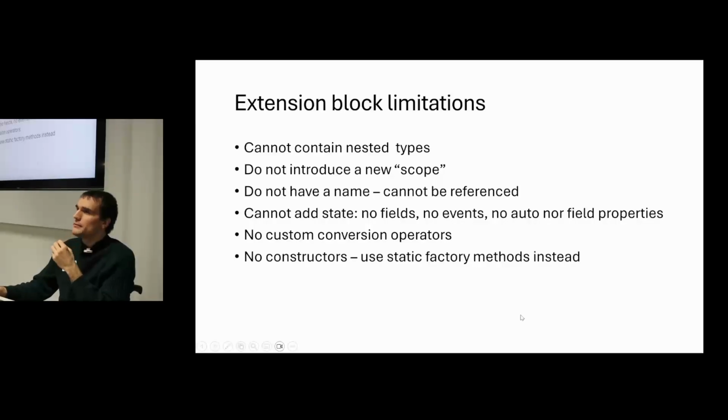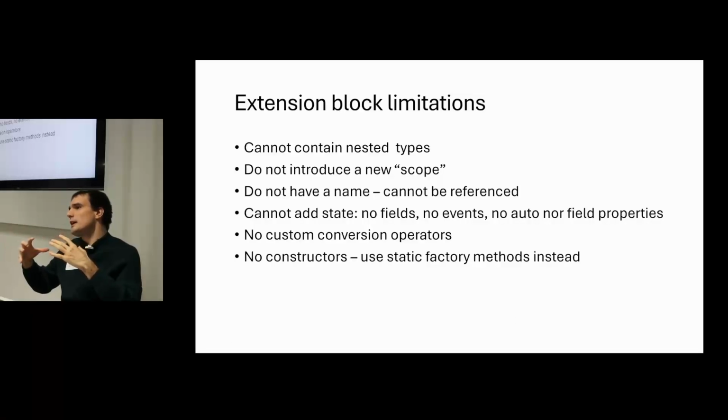That's the reason for the static container. If you have two extension methods that have the same name, and you need to disambiguate, you can use the name of the static class to access the extension method or the extension property.